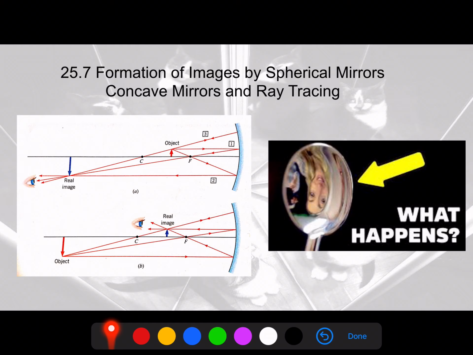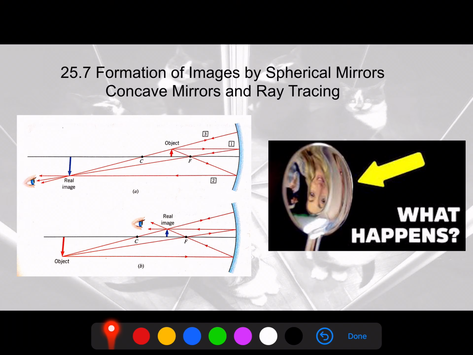In both cases, though, you end up with an upside down image, and this is why, for example, when we look inside the bowl of a spoon, we'll see our reflection inverted, our faces looking like they're upside down. And so what we've achieved then is the formation of a real image, albeit upside down.